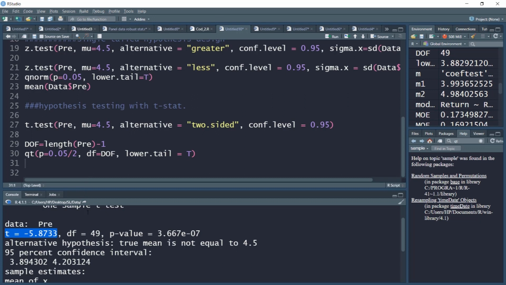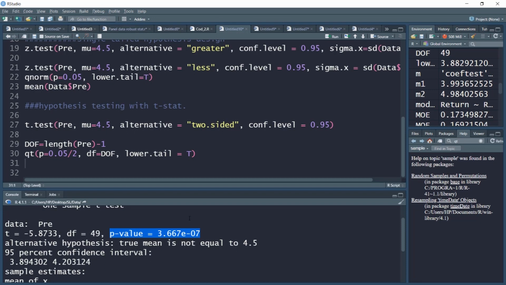Now, a simpler way would have been to simply look at the p-value of this test, which is very small, close to 0, and therefore with a lot of significance we can easily reject the hypothesis by directly looking at this p-value and say that our population mean is not the same as 4.5.